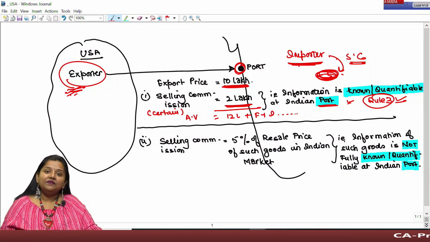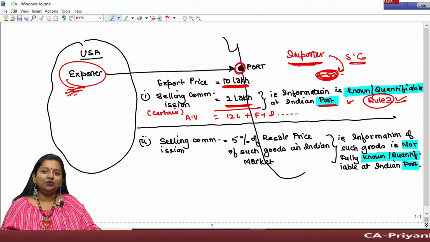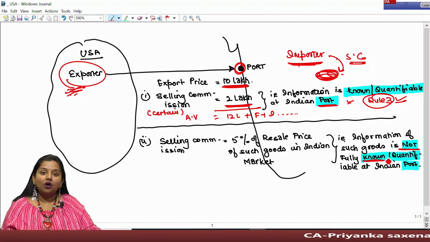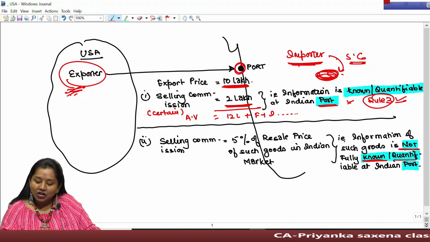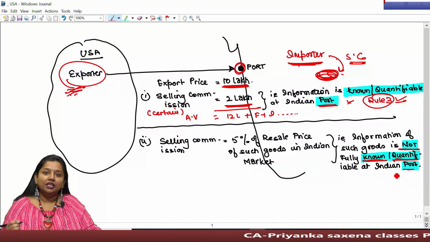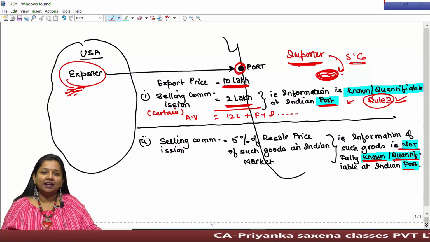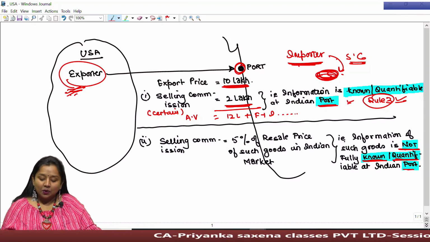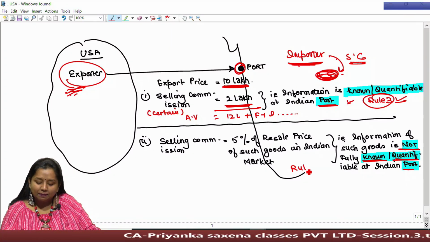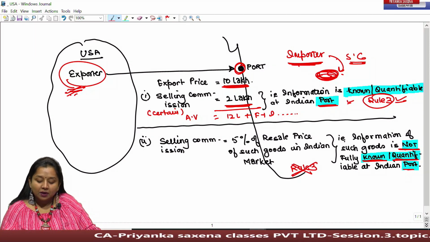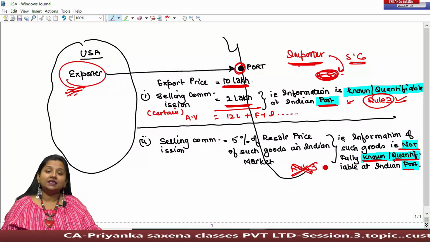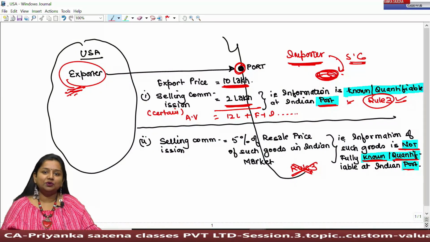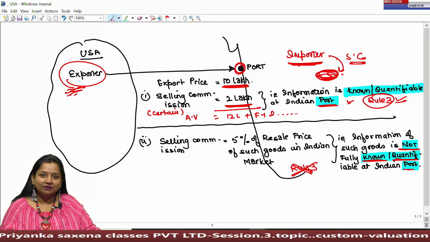However, if any information related to imported goods is not known or its quantity cannot be determined, that is, it is not quantifiable at the Indian port where duty has to be computed, then we can never apply Rule 3. Rule 3 says that any consideration paid by the importer to the exporter shall get added in the assessable value.